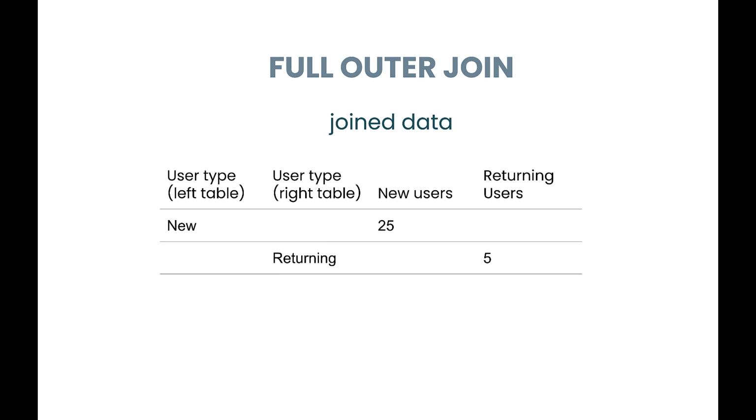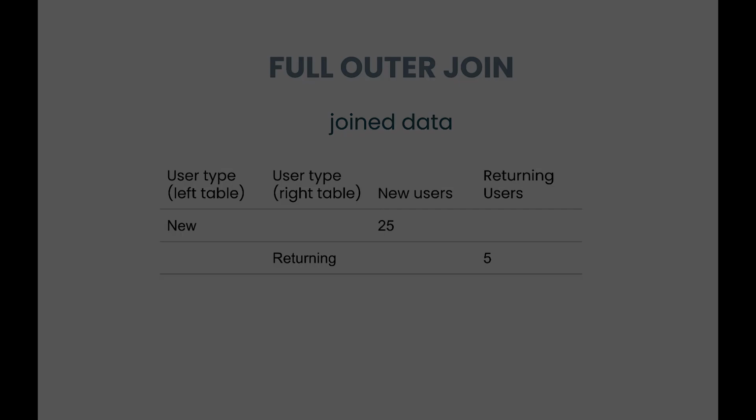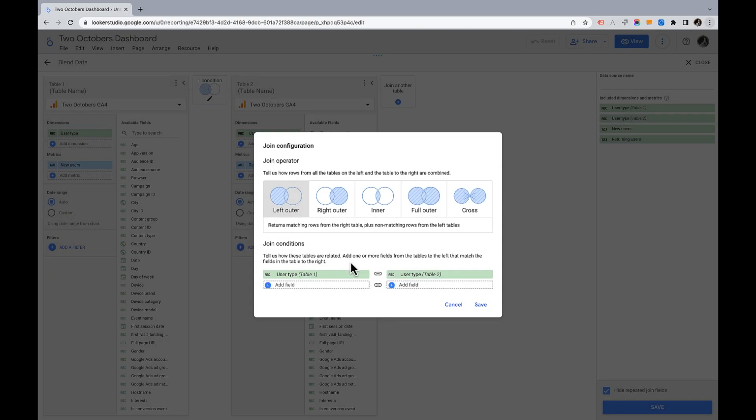Because they have different metrics, there's going to be a column for new users and a column for returning users, but the new users column is going to be blank for the right table, and the returning users will be blank for the left table. So it'll look something like this. Because the only dimension in each table is user type, it automatically picked the user type dimension. So we're going to pick full outer.